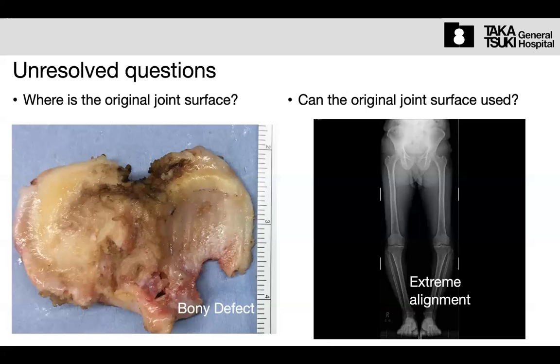Another problem is, even if we know the patient's native alignment, if the patient has an extreme alignment, for example, 10 degrees or more constitutional varus or 10 degrees or more tibial medial slope, can we follow the patient's native alignment naively or not? Well, that is our problem. But it is quite difficult to resolve.